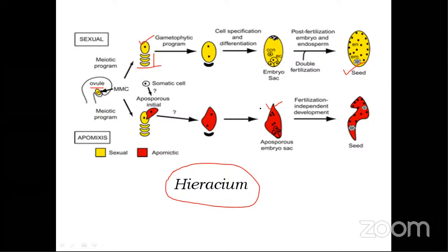You can find this difference in the seed over here and over here. Here there is no double fertilization event like in the normal case. So here seed development is a fertilization independent process, right?